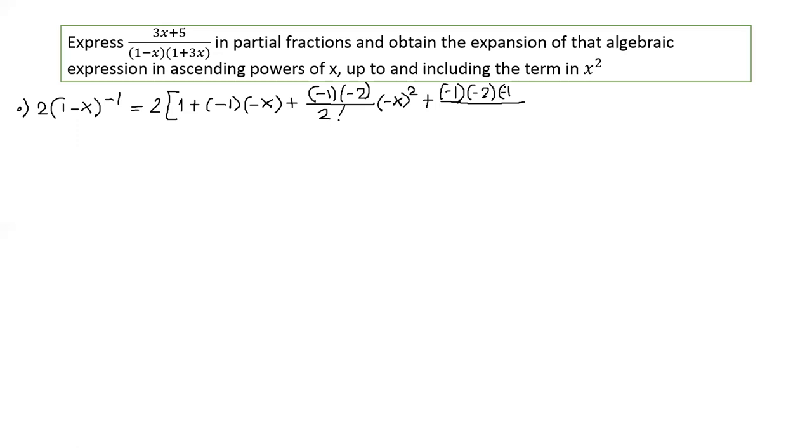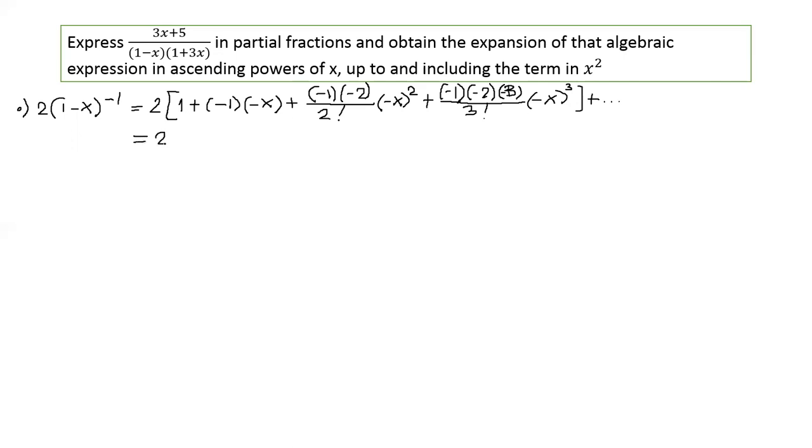So negative 3 here, over 3 factorial, negative x cubed. Plus, we may expand till x to the power 4, x to the power 5, and so on.